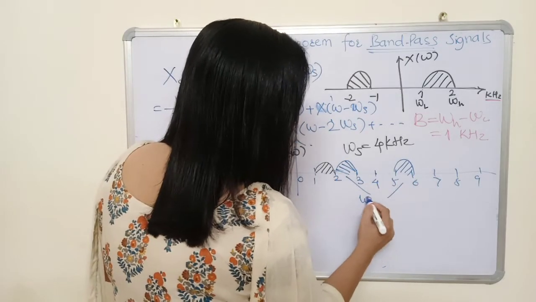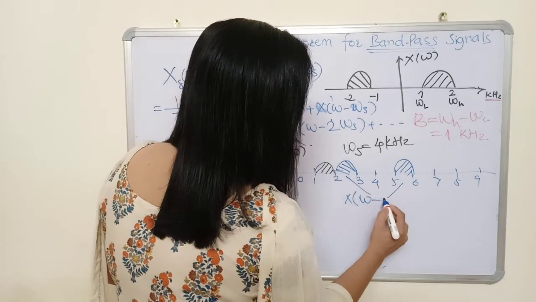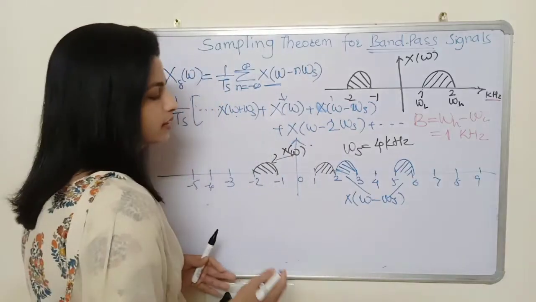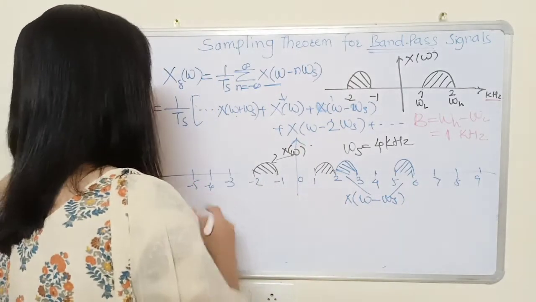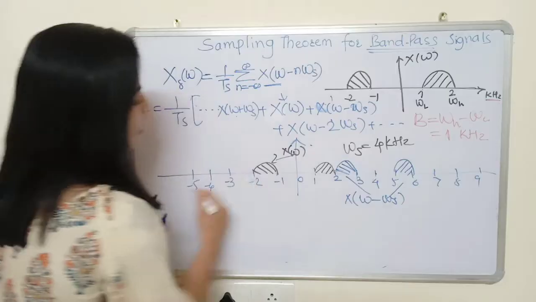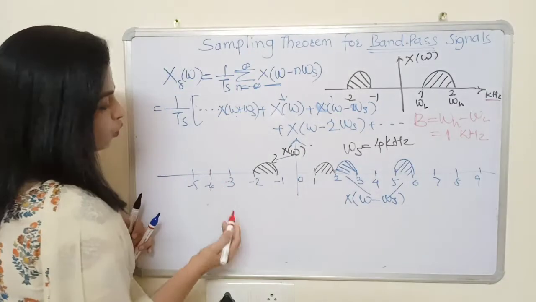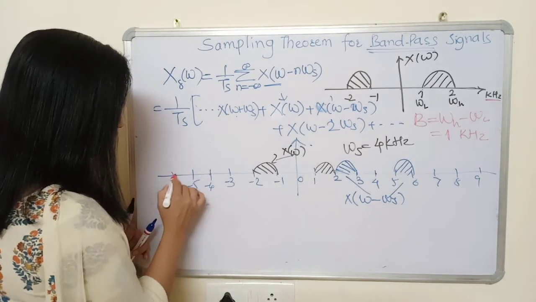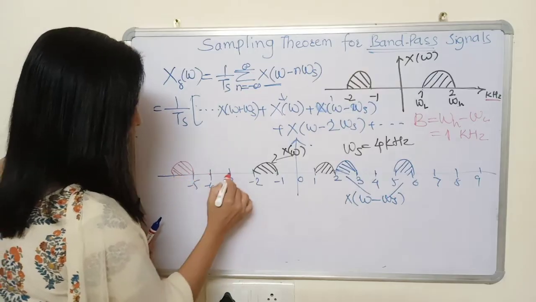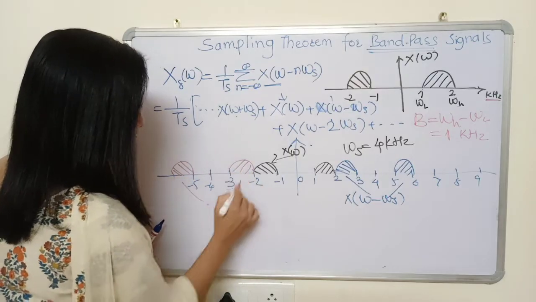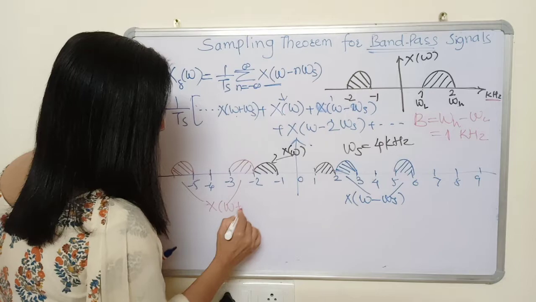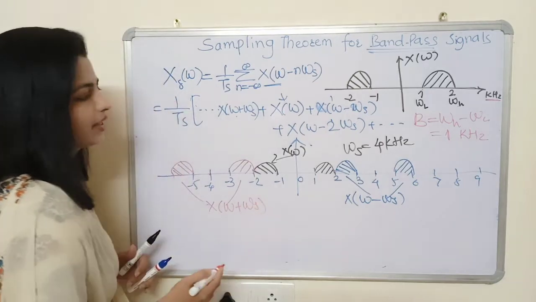So this is X of omega minus omega s. Now we'll draw on this side. Minus 4 kilohertz is here. So we can draw like this. So this is X of omega plus omega s.